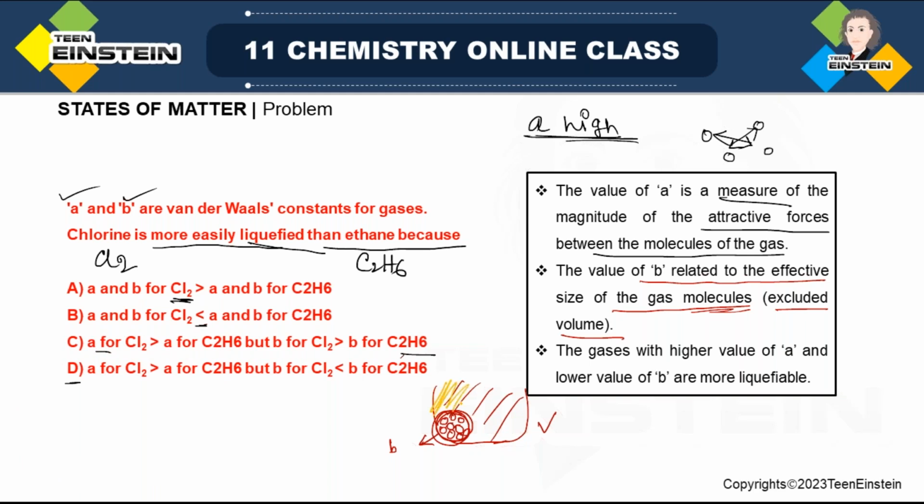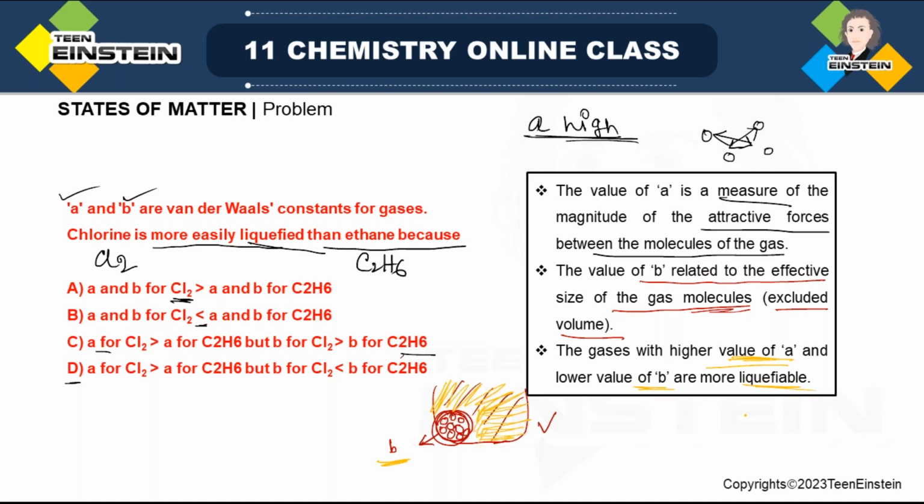Only this zone is available, but not the zone which is the total volume of all the gas particles, B. So a high B value means what? That their movement will be gradually restricted, that is, this space will be very low. So ultimately what relation can we see, that gases with a higher value of A and lower value of B, they will be more liquefiable.